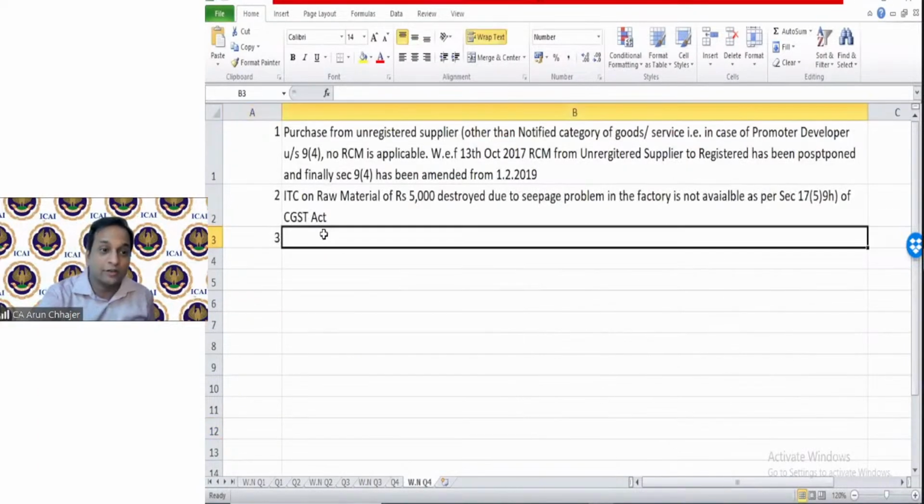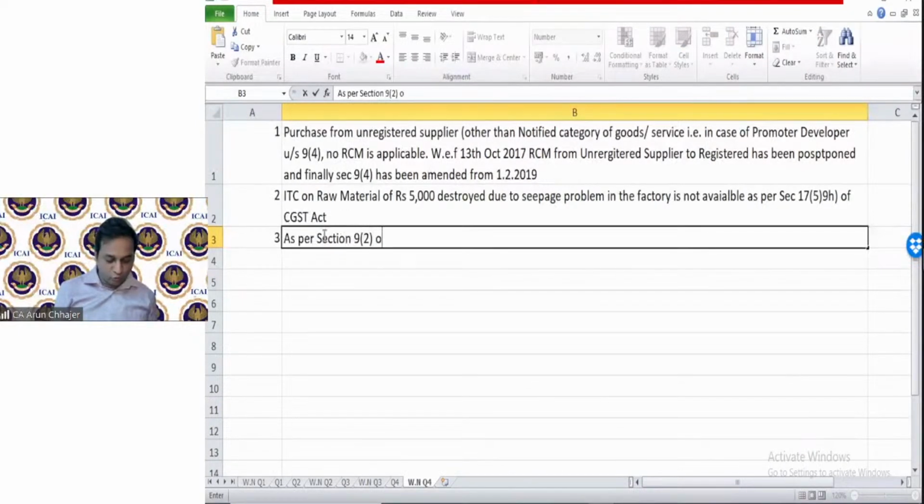So you can write here also, as per section 9 subsection 2 of CGST Act, 5 specified petroleum products are out of GST.